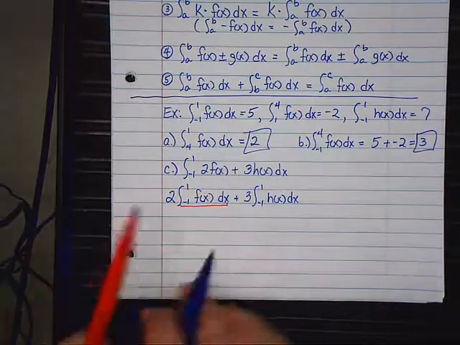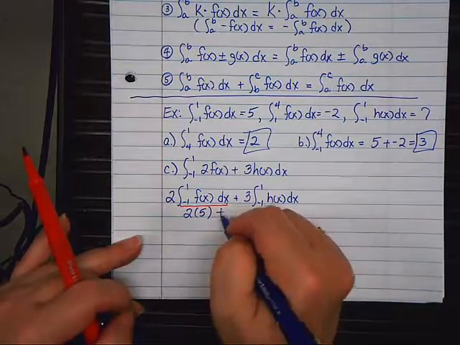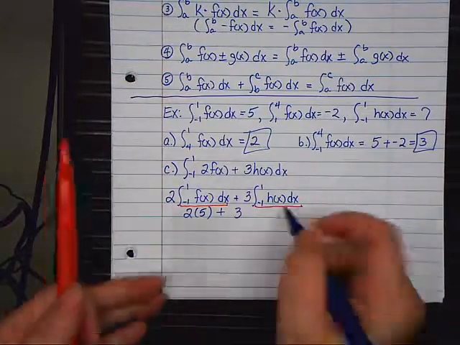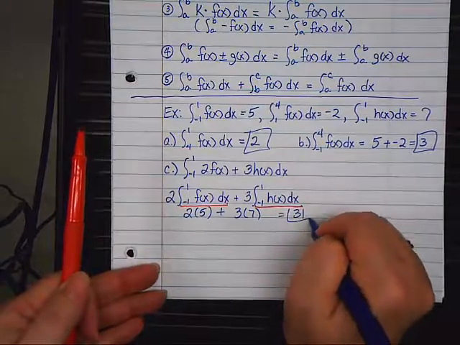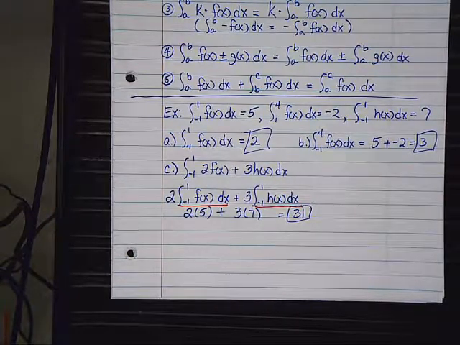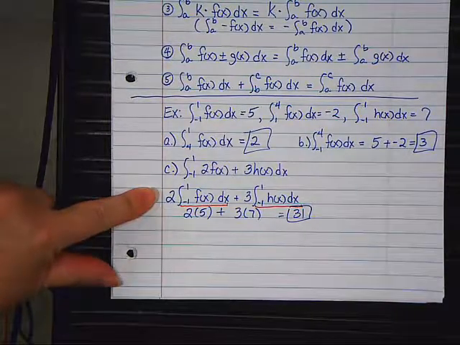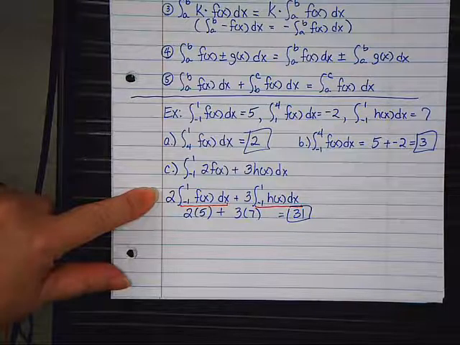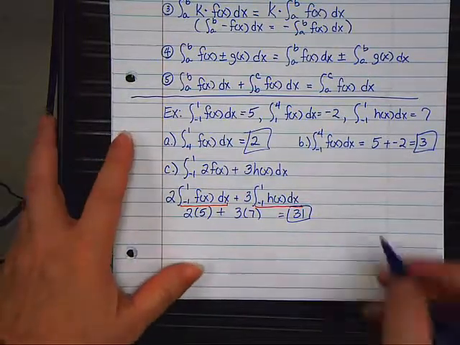It equals 5. So this is really 2 times 5 plus 3 times 7, which is 31. Now, the question was asked, do I really have to show all of this? No, but I'm just showing you how it works. Okay? So which rules for that? 3 and 4. Almost done.